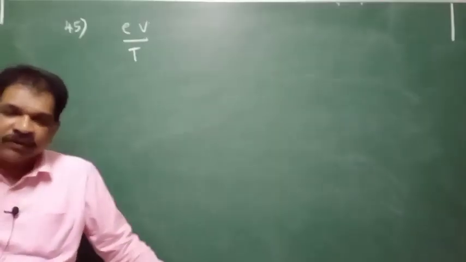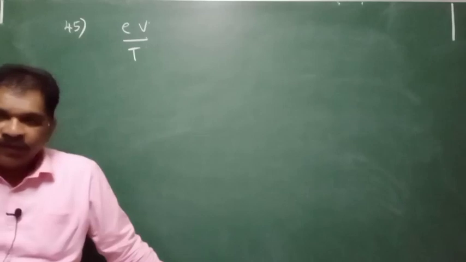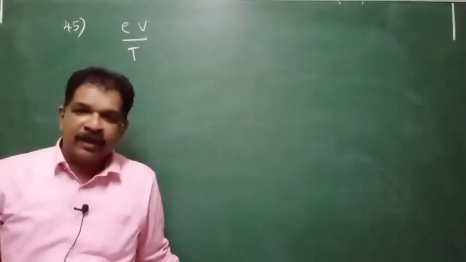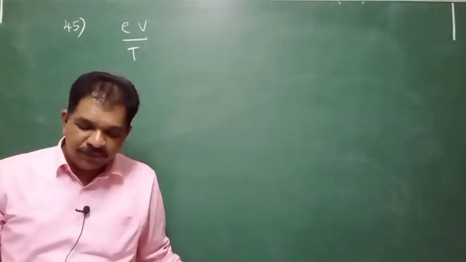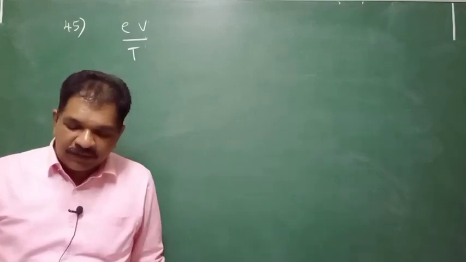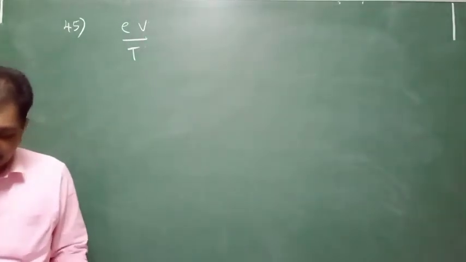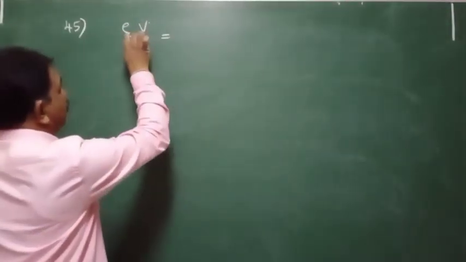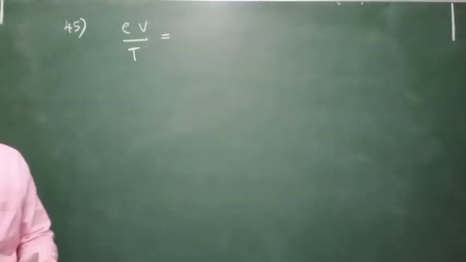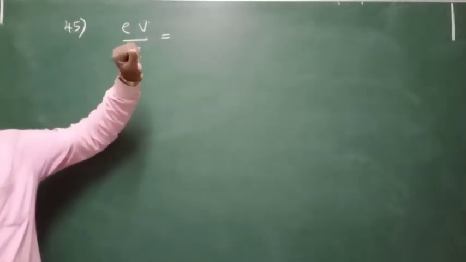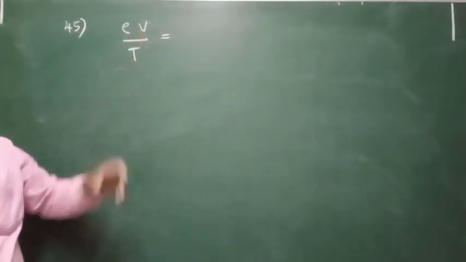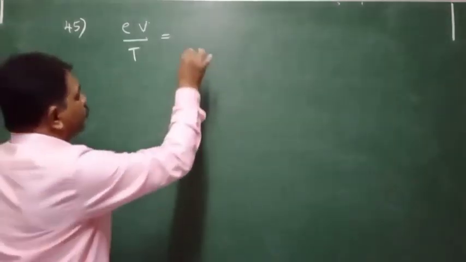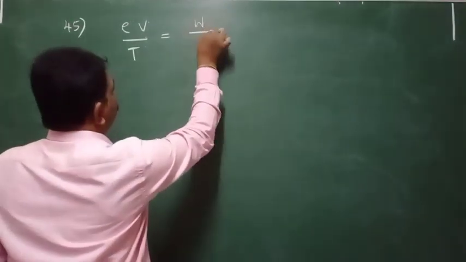Units are the same means automatically dimensions will also be the same. What is that quantity they are asking? Clear? So here, E means charge, V means potential difference. Charge into potential difference is equal to work.